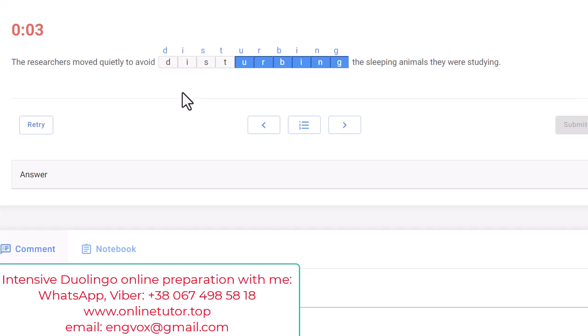The higher you climb in your ambitions, I mean regarding your score, the higher the probability that they will give you something absolutely out of this world. But this disturbing, distracting, nothing out of this world. So after avoid, you have either a noun or -ing.